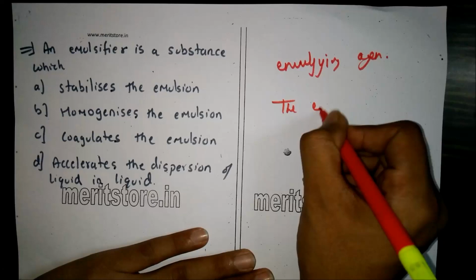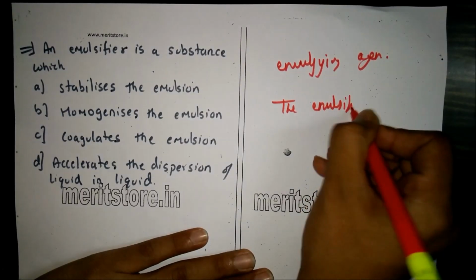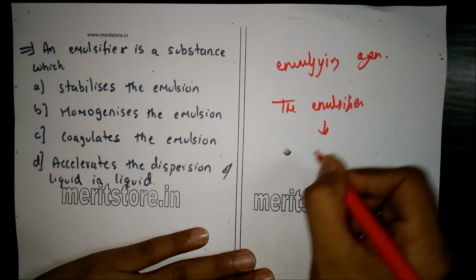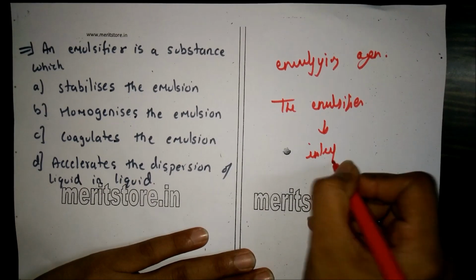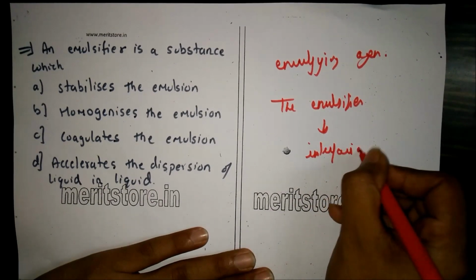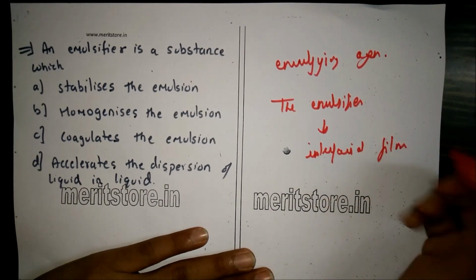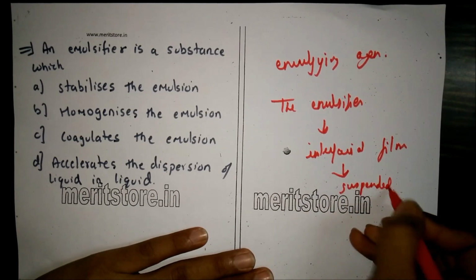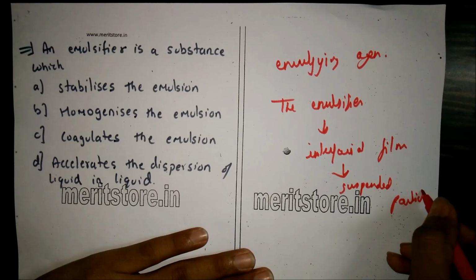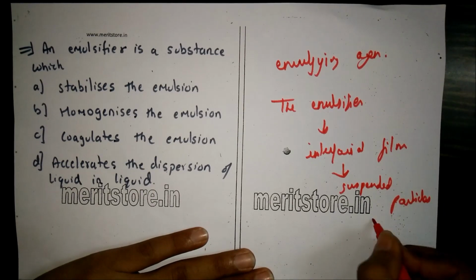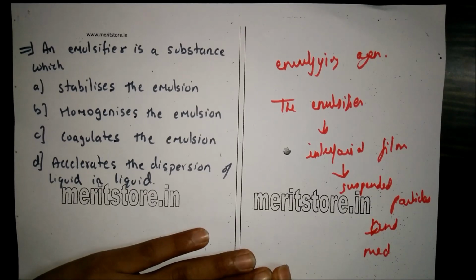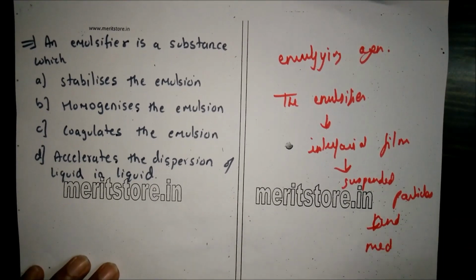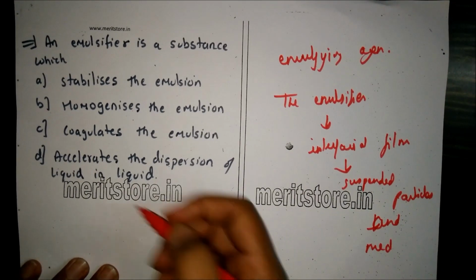The emulsifier forms an interfacial film between the suspended particles and the medium. Therefore, in other words, it stabilizes the emulsion. Therefore, the correct answer is option A.